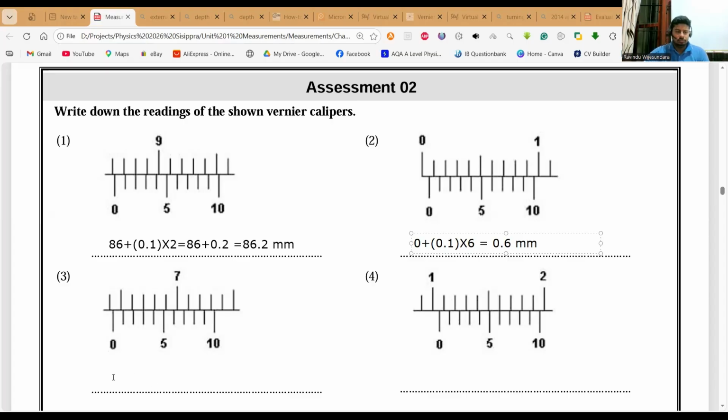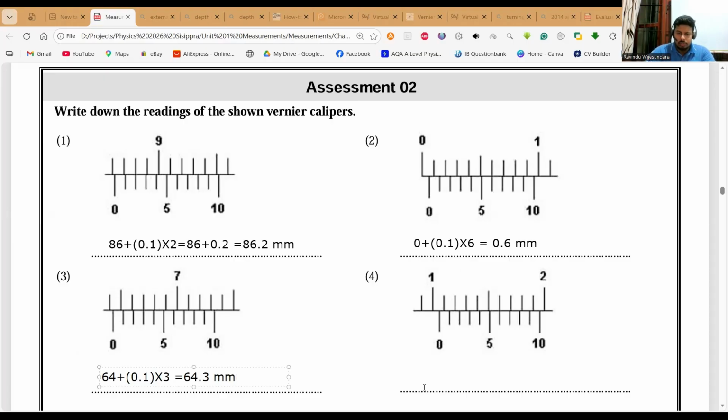Third one, very easy. This is 70, 65, 64. 64 plus 0.1 multiplied by the vernier division, which is 1, 2, 3. Therefore the third one is 64.3 millimeters.